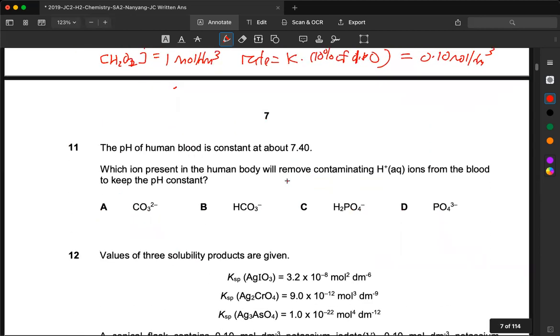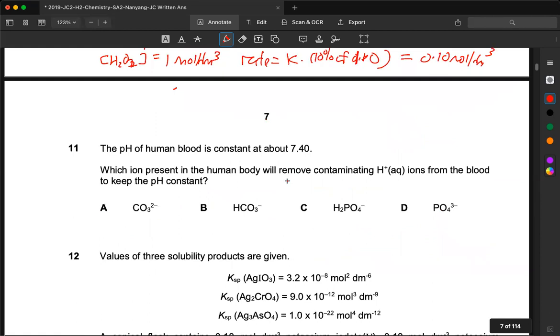Okay, let's move on. 11. The pH of human blood is constant at about 7.4. What ion present in the human body will remove contaminating H+ from the blood to keep the pH constant? So this is based on whether you remember what is in the blood.